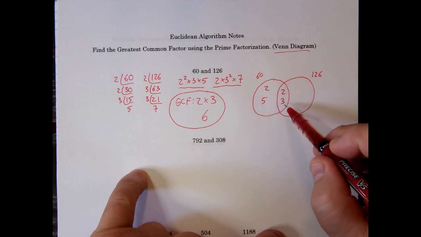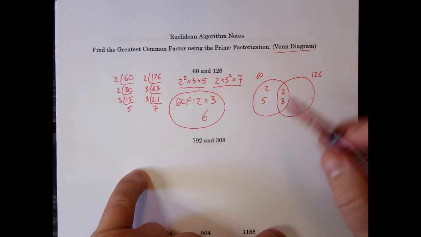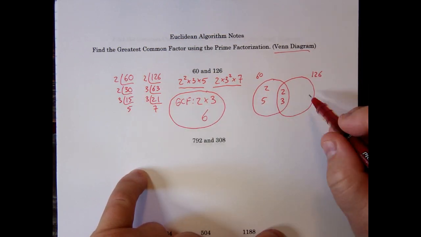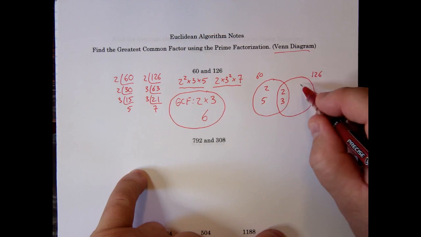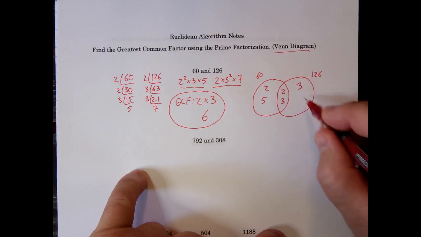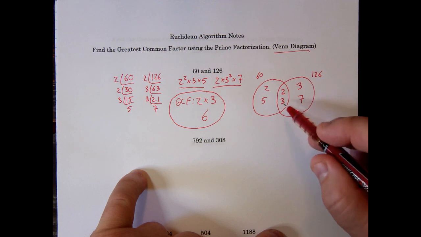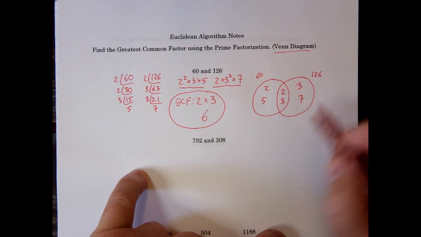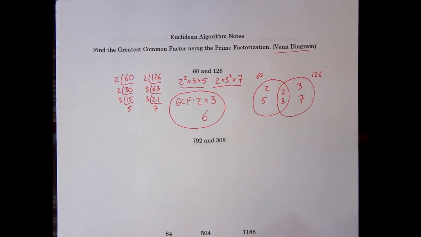So 2 times 2 times 3 times 5, that's your 60. And on this side, you have the 2 and the 3, so you need another 3 and a 7: 2, 3, 3, 7. So there you're seeing the overlap would be the greatest common factor.